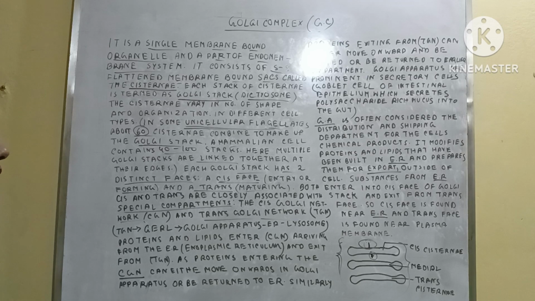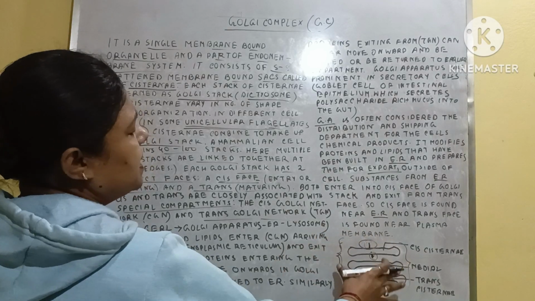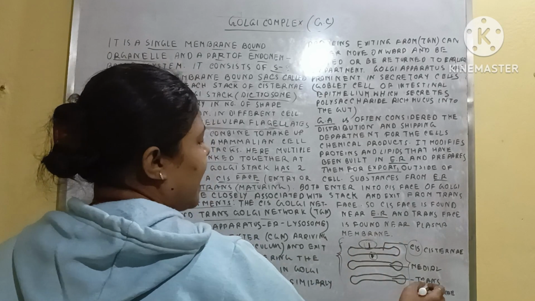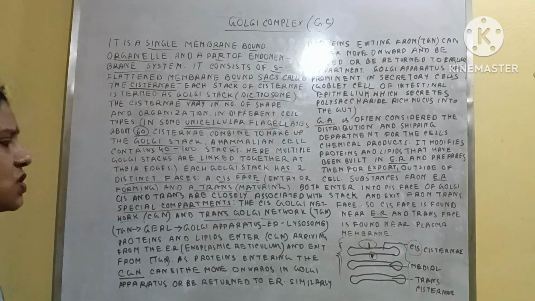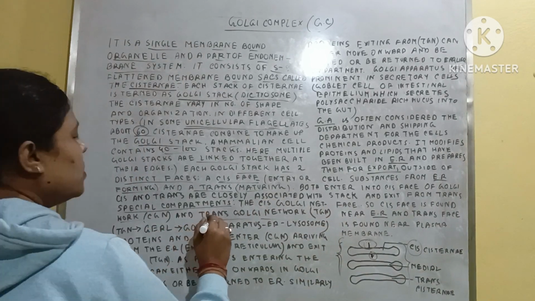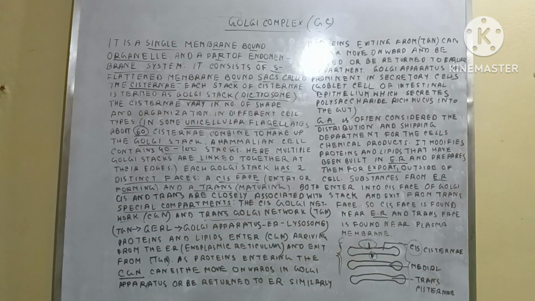That's why two cisternae are present, one is the cis and another is the trans. That's why this is called the Golgi complex, containing the cis Golgi network and trans Golgi network.